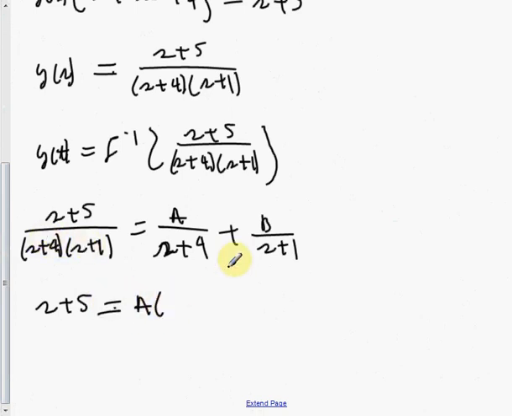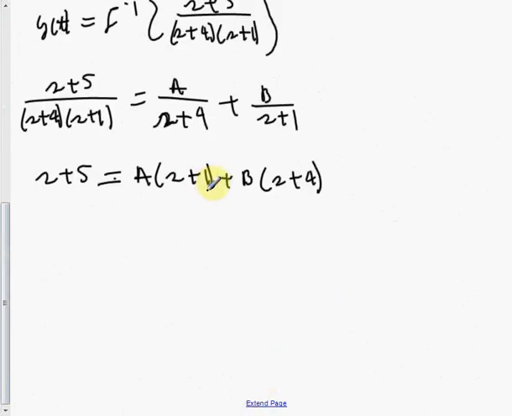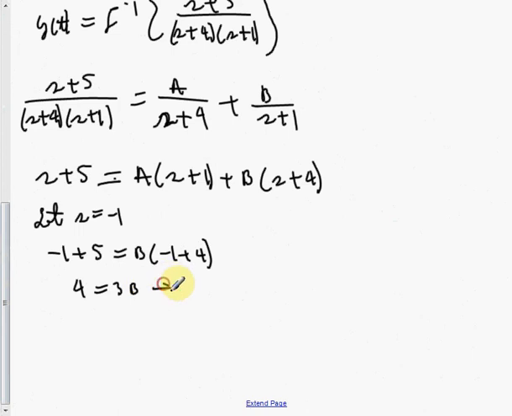Have left A times S plus 1 plus B times S plus 4. Let S equal to -1, that'll cancel out this A. So I get -1 plus 5 is equal to B times -1 plus 4. So that gives us 4 is equal to 3B. B is equal to 4/3.